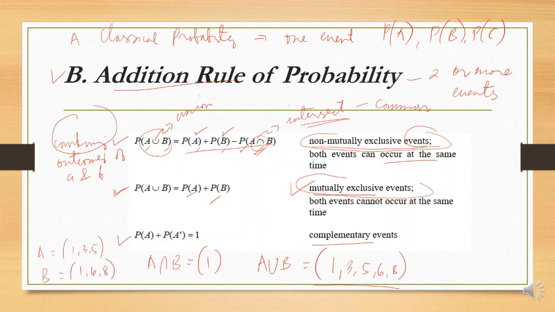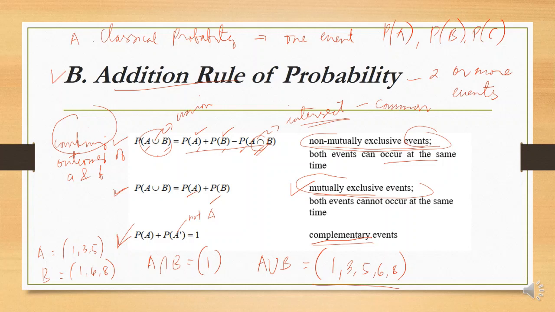The third one, if we have two events that are complementary, meaning the one can happen at this percentage or probability and the other one can happen at another percentage, which is P of A plus P of A prime, which is not A, ibig sabihin, is equal to 1.